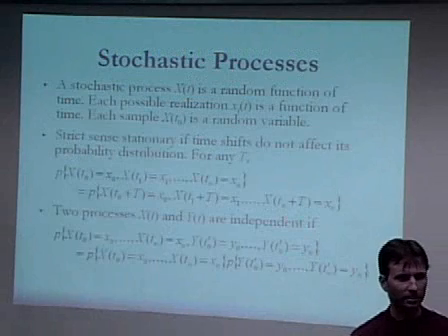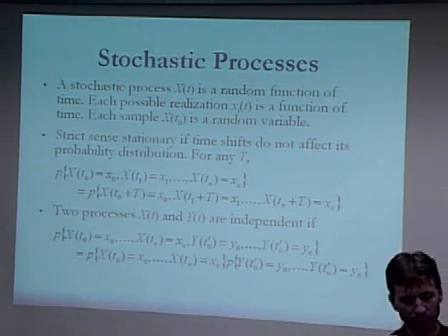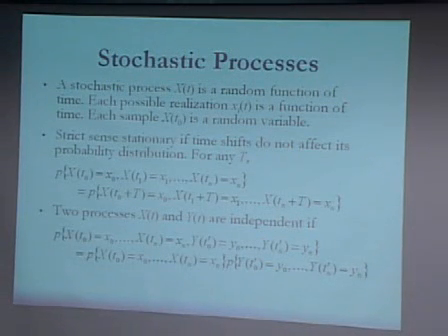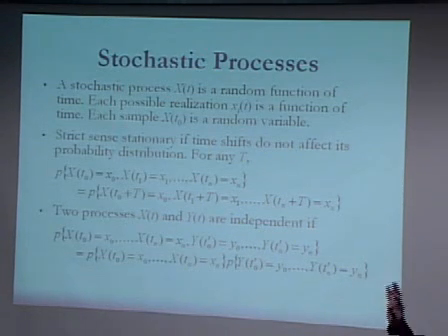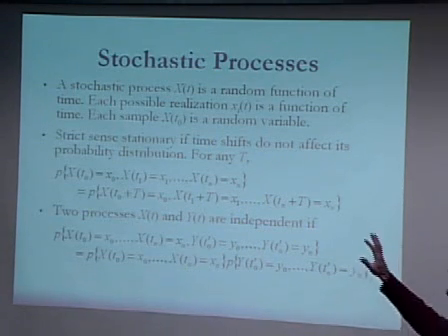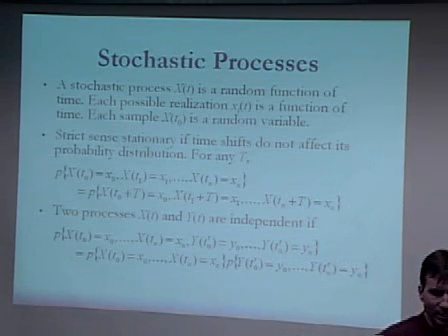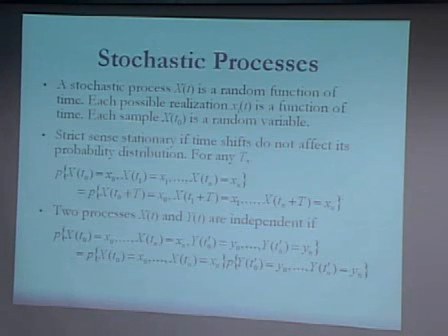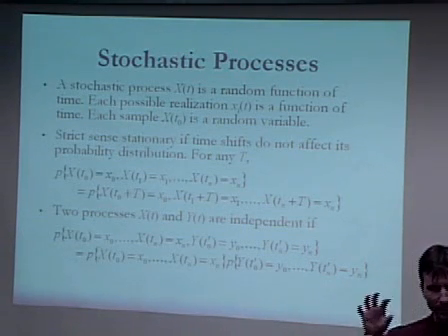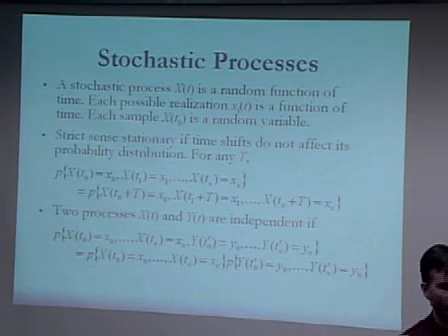We use uppercase letters to indicate random quantities, and lowercase to indicate the values they take. And the difference between a random variable and a random process is that here there is a time dependence. Each possible realization or outcome is a function of time, and each sample at a point in time, like t sub naught, is a random variable.